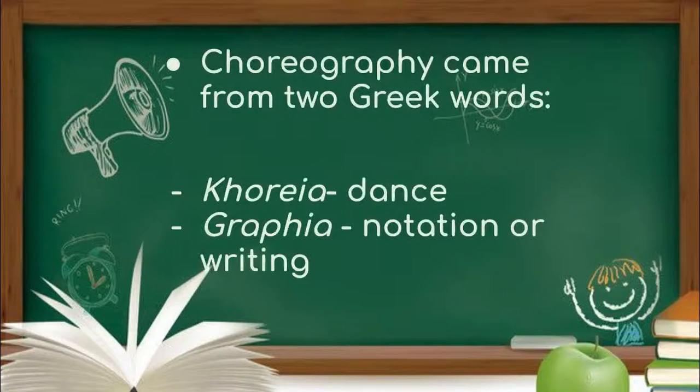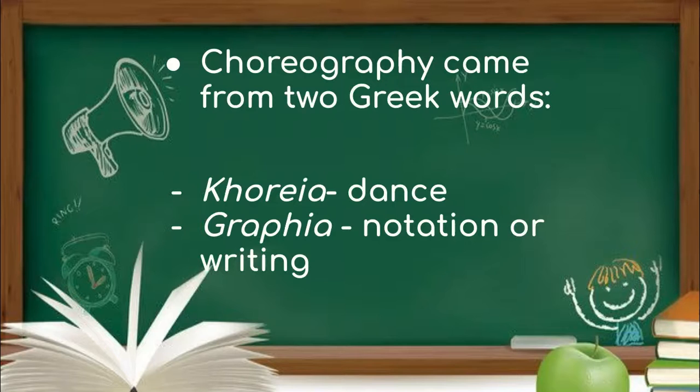Choreography came from two Greek words, choreia and graphia. When we say choreia, that means dance. But when we say graphia, that means notation or writing.